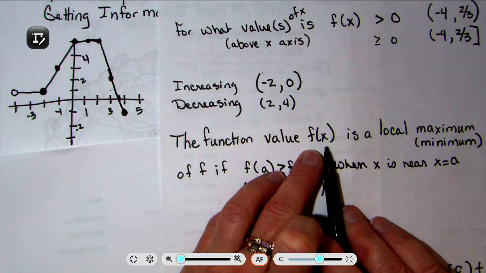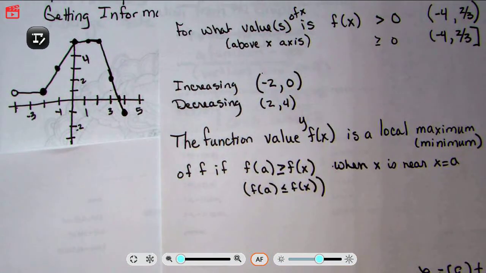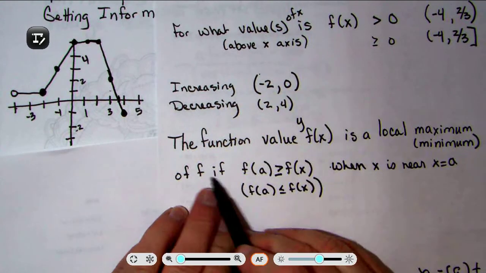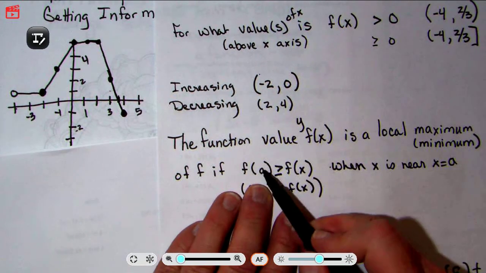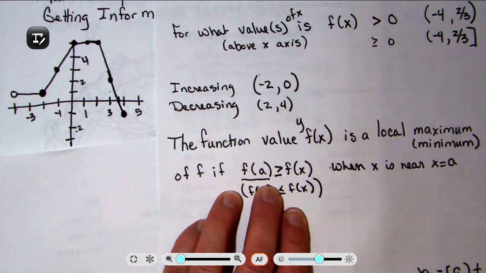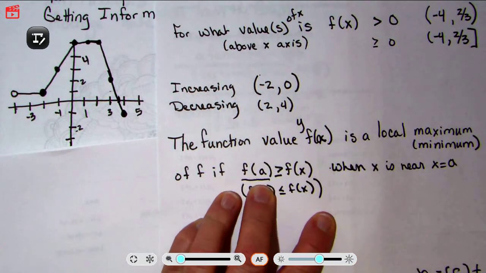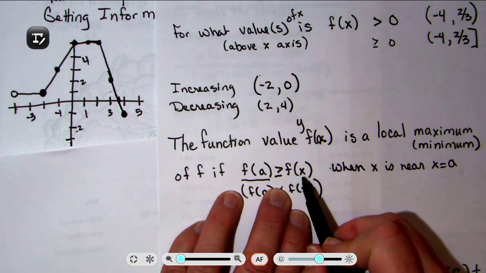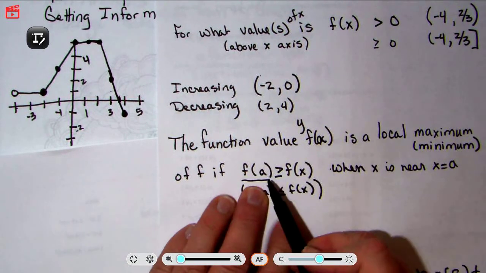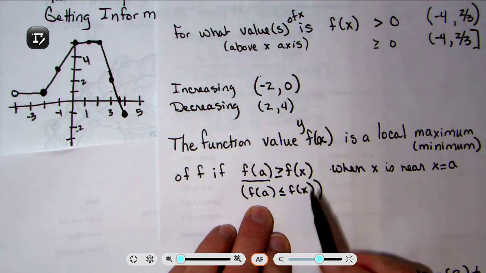So in other words, the y value is a local maximum if for every x value near this point, so f of a, is going to be a maximum if that guy is bigger than everybody else around him. So this is like the biggest y value when we're close to it, or the smallest y value.